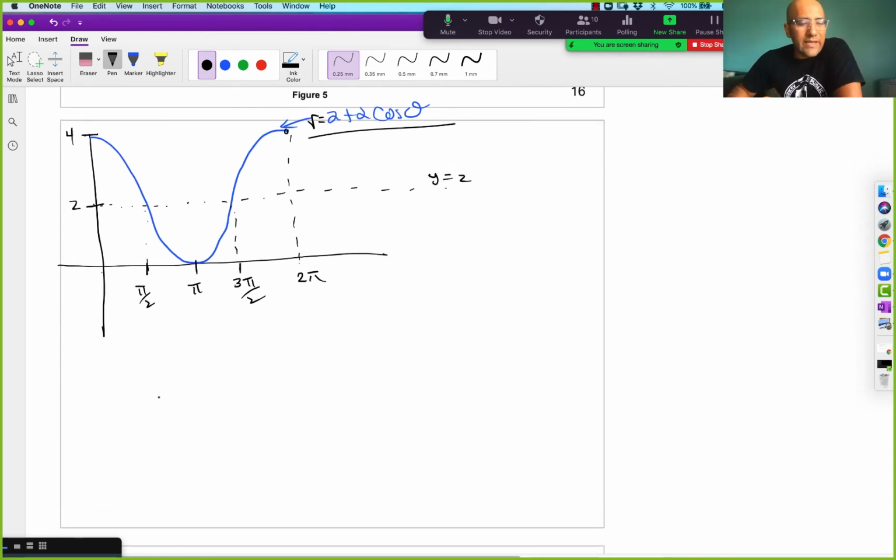So using this, we can sketch things a little bit. We can also create a few ordered pairs in a table that we can use to then sketch our graph. So I'm going to put it over here.